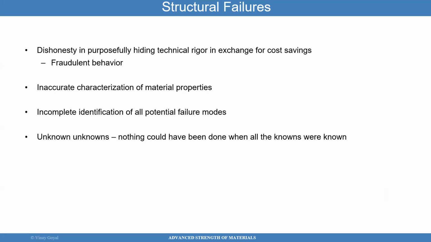Structural failures have also been caused by dishonesty, in purposely hiding technical rigor. For example, switching a material for a cheaper one and not telling somebody that that's what was done. That has happened both in aircraft applications and rocket applications.